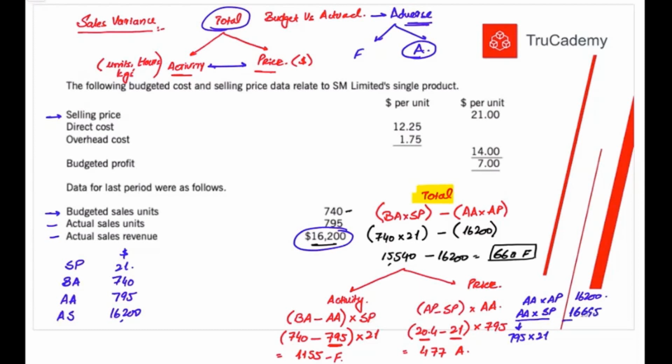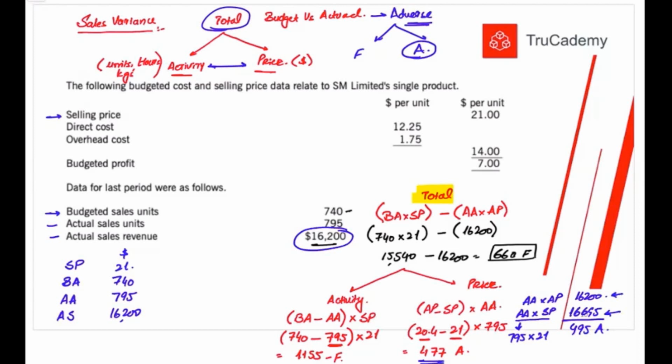This should be our sales revenue. But actually it is how much? 16,200. So it's 495 at once. I didn't do the rounding, so that's why it's a little bit different. Now it's very easy to understand. This is what we were supposed to get, and this is what we actually got. Clear with this?